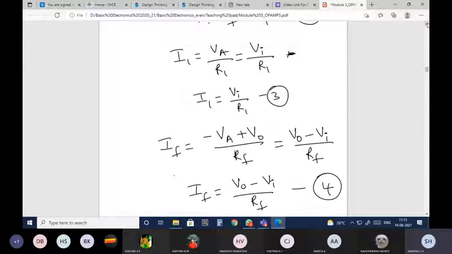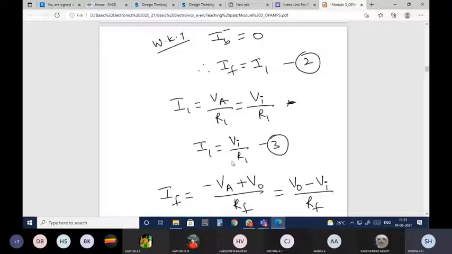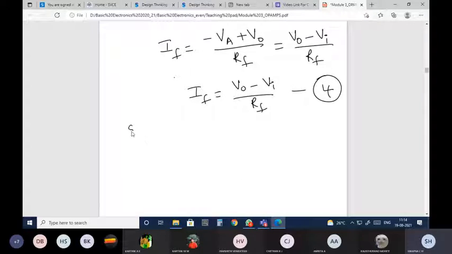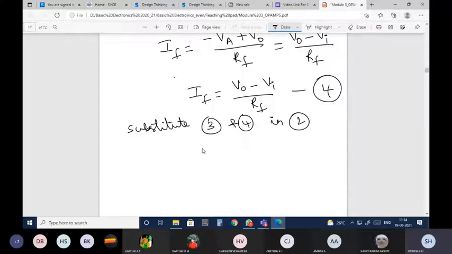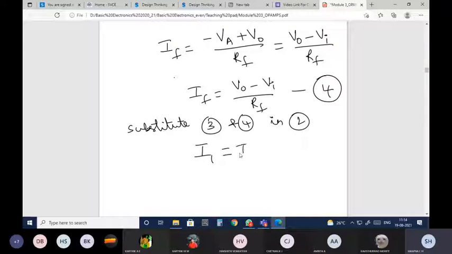Okay, I've got I1 in terms of voltage and IF also in terms of voltage. So now I'll substitute 3 and 4 in 2. What is the second equation I have? I1 is equal to IF.